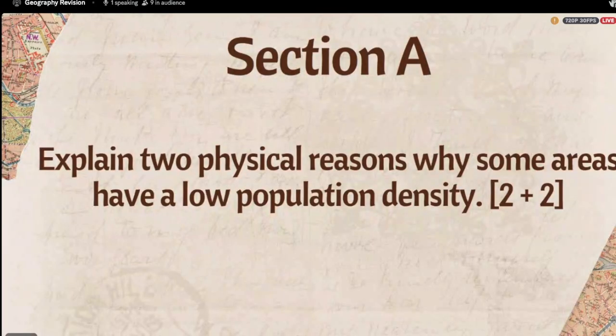Okay, so I like a lot of your answers. A lot of your answers really work, which is good. Let me find the mark scheme for you guys. A good thing when talking about this is making sure that you understand what they mean when they say physical factors, right?